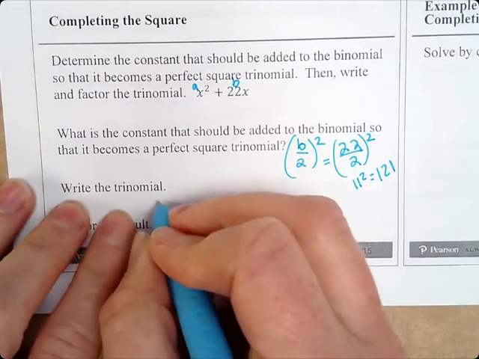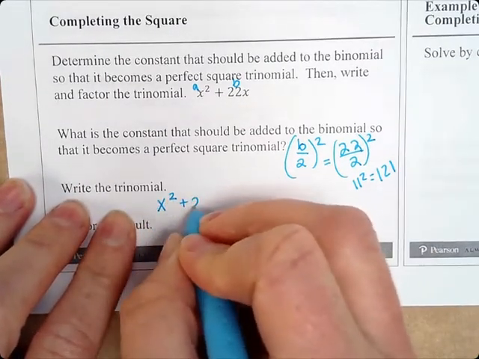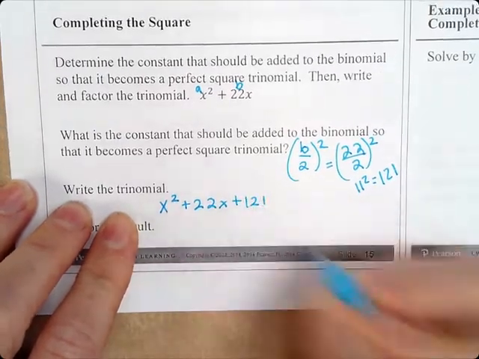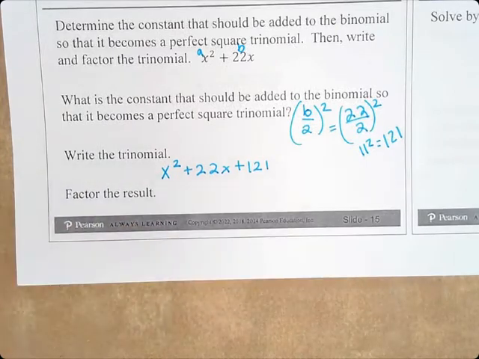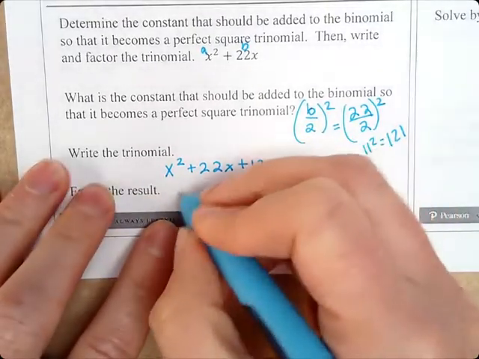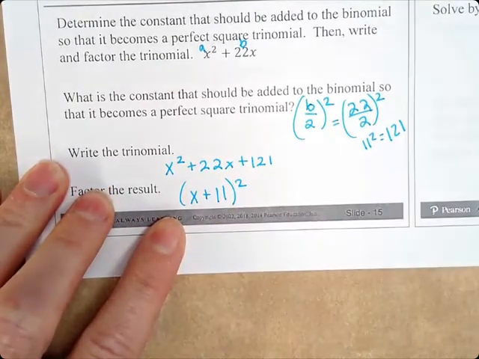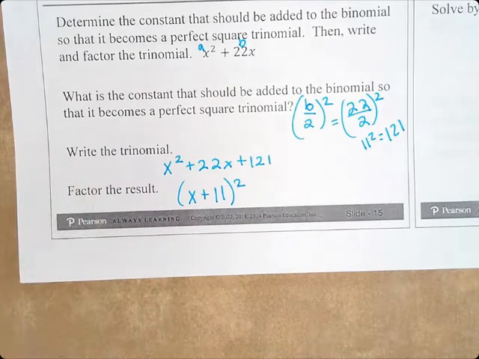So the trinomial is going to be x squared plus 22x plus 121. This is the sum of squares. 11 squared is 121, and 11 times 2 is 22. So this becomes x plus 11 squared. The whole goal of this is to make it where you can have a perfect square, and then you solve it from there.